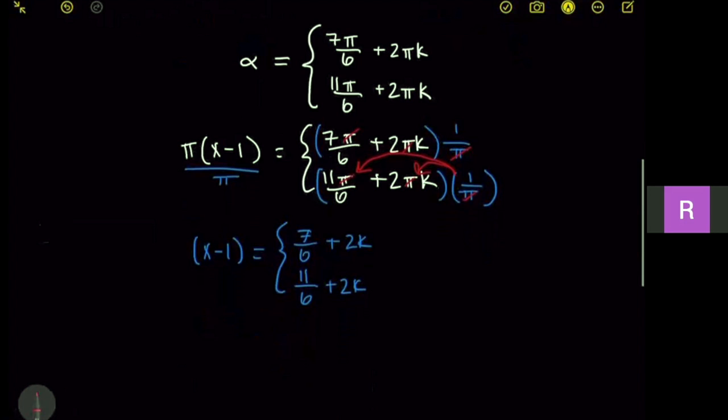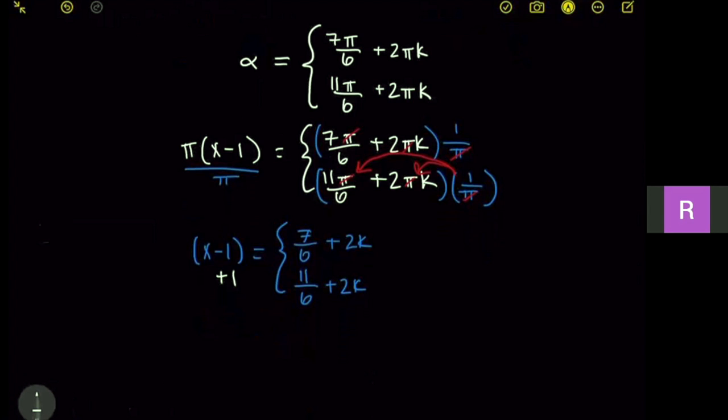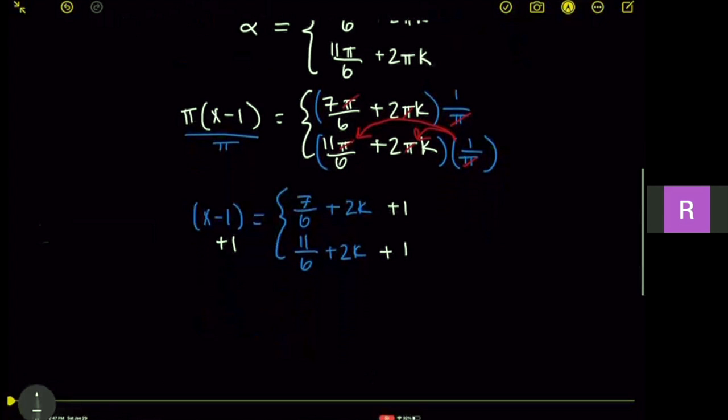So then we have that x minus 1 is equal to 7 over 6 plus 2k and 11 over 6 plus 2k. We can now get rid of the -1, so we can add 1 to all sides. 2k can stay the same because that's just counting the revolutions.